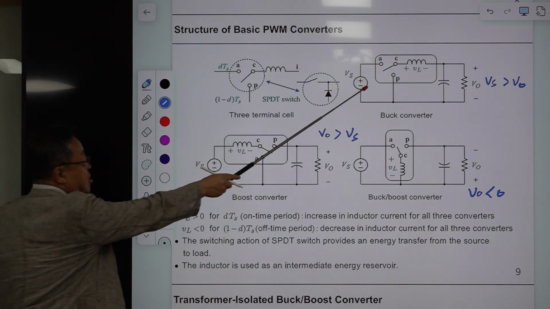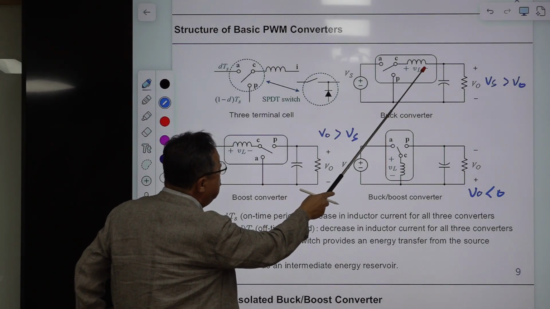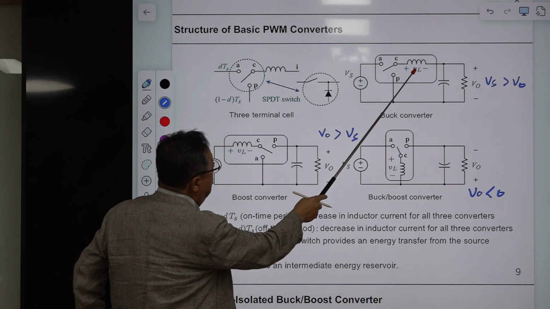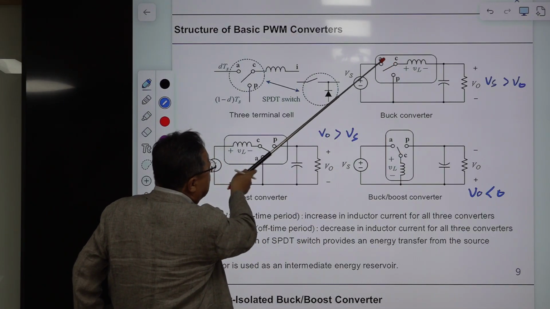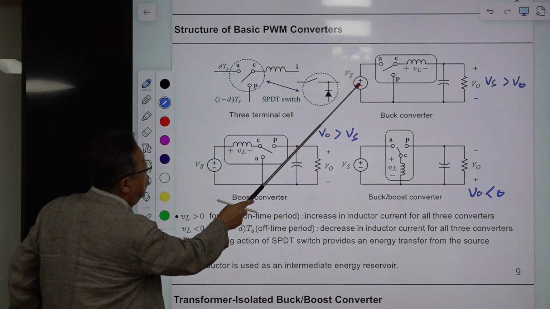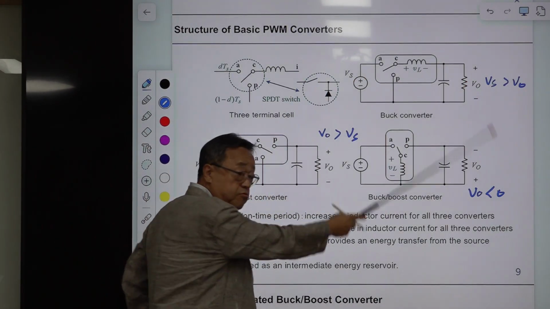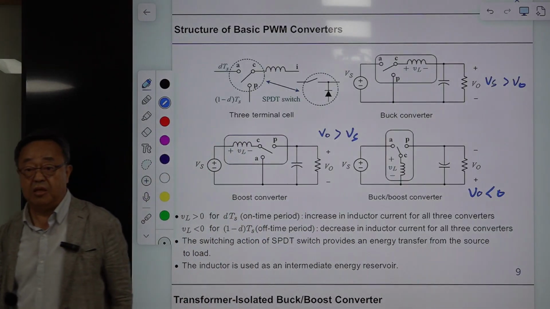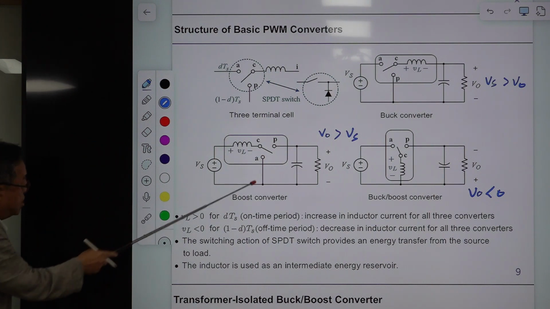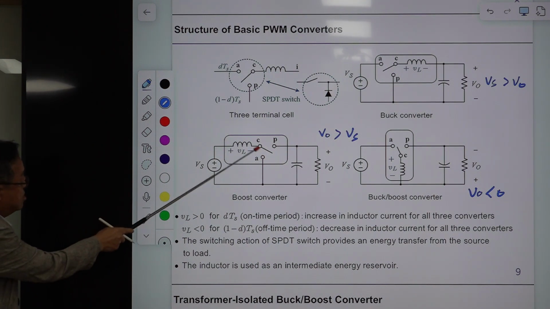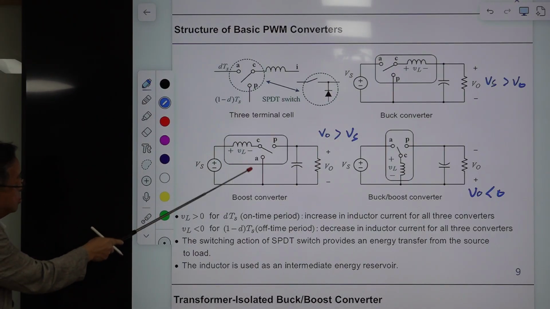And the voltage across the inductor, VL, is defined in this manner for the buck converter. When this pole is connected to A, or the MOSFET is turned on, the inductor voltage is Vs minus VO, which is always positive. When the active switch is turned on, the inductor voltage is positive.